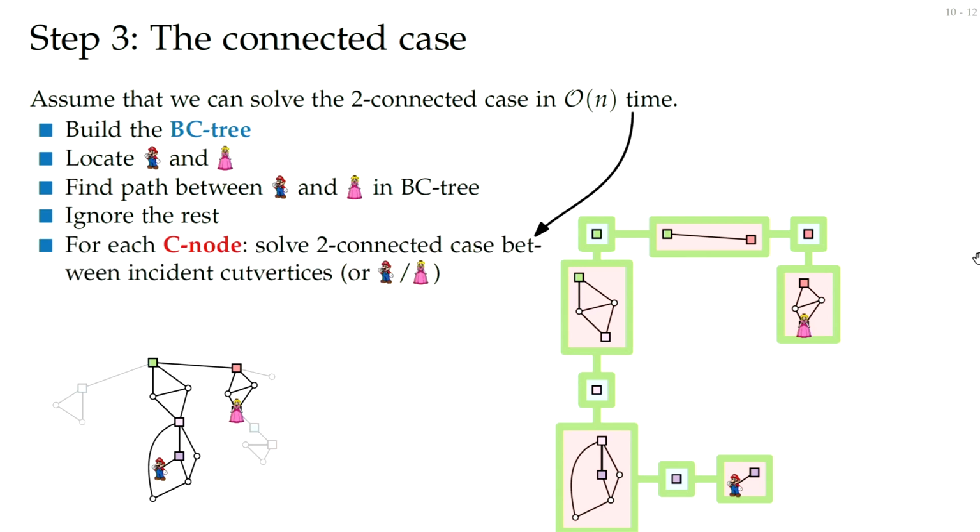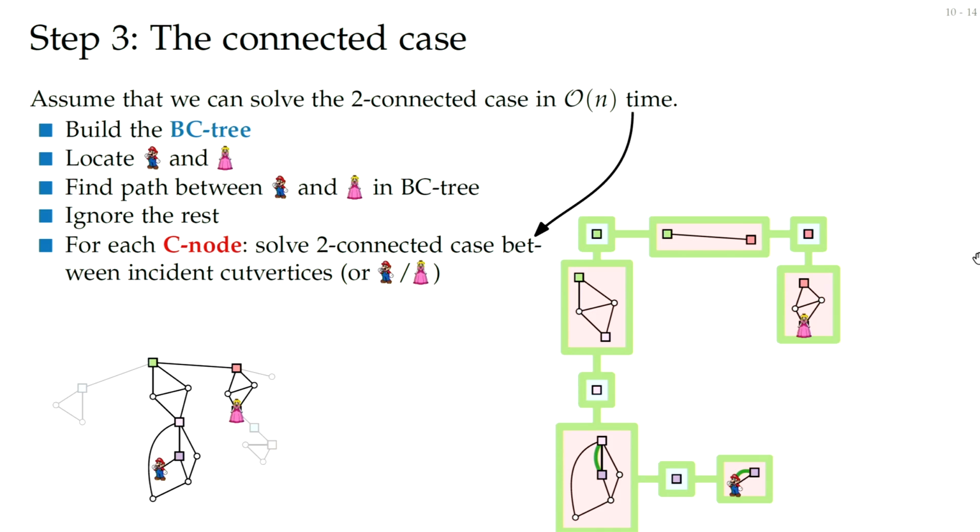And now we place our paths here. So here we want to go from Mario to the other cut vertex. Okay. We want to move between the two cut vertices. So we find an edge here.